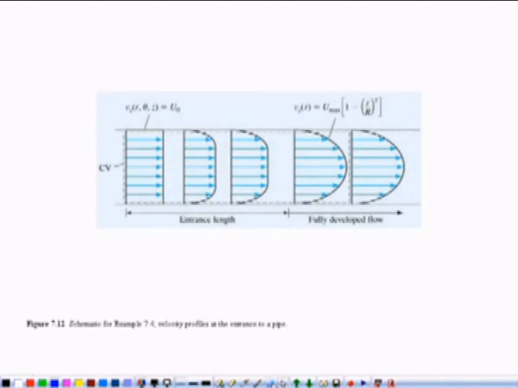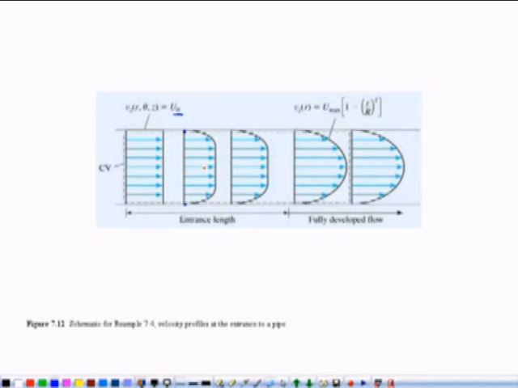In this diagram we have a pipe in which fluid is entering. Everywhere the velocity is the same, it is u0, and as the fluid comes in contact with the solid boundary, the velocity at the surface has to be 0 to satisfy the no slip condition.